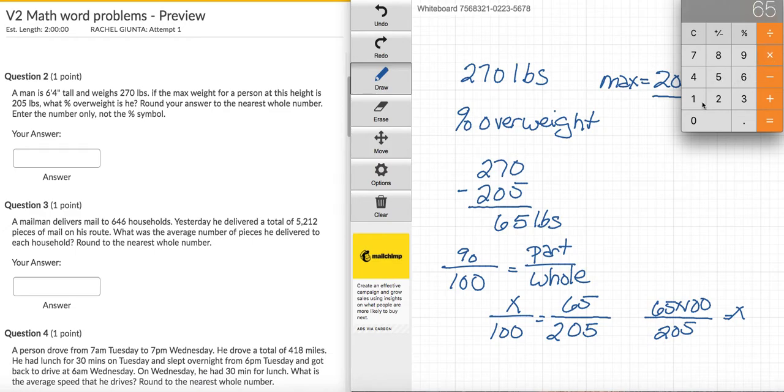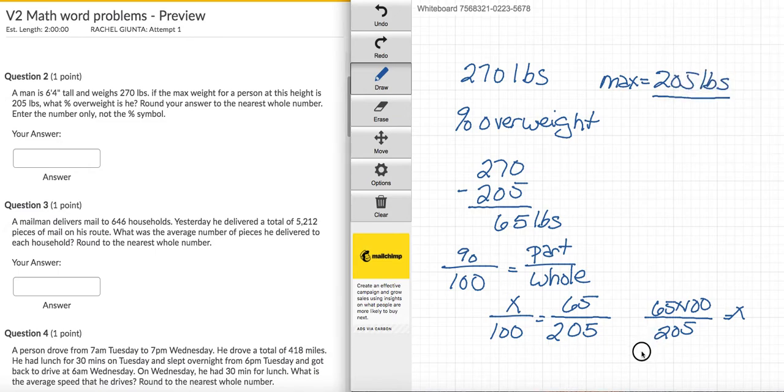65 times 100 equals, and I recommend always hitting equals in the sub steps here. Sometimes the PEMDAS will work out better that way. Then write down that number, 6,500, divided by 205.